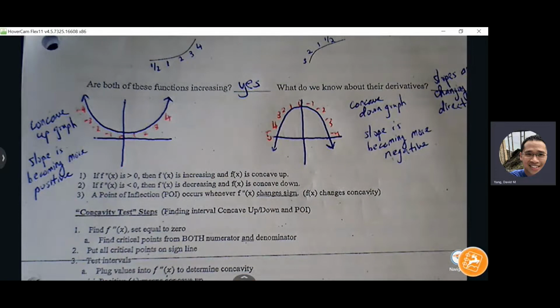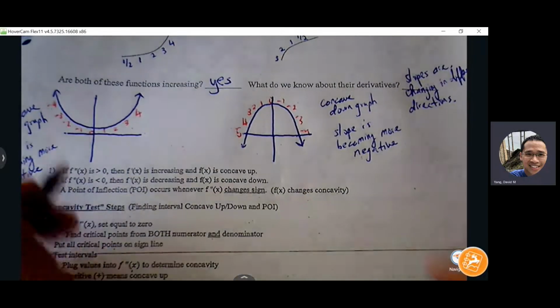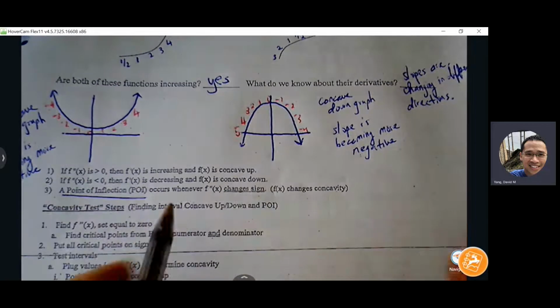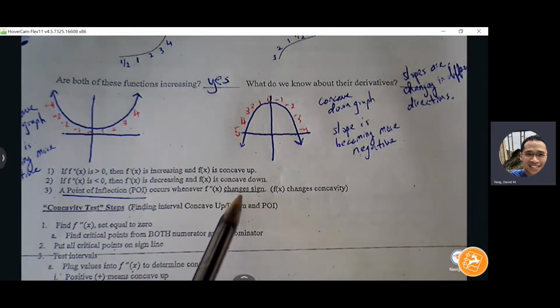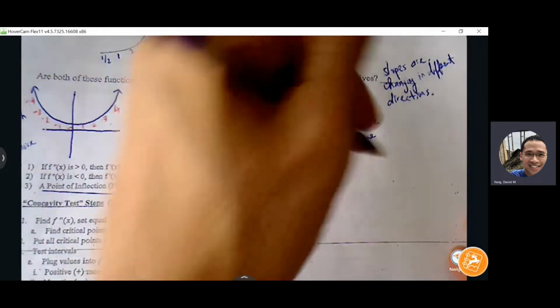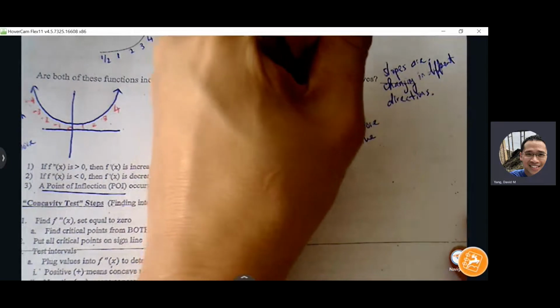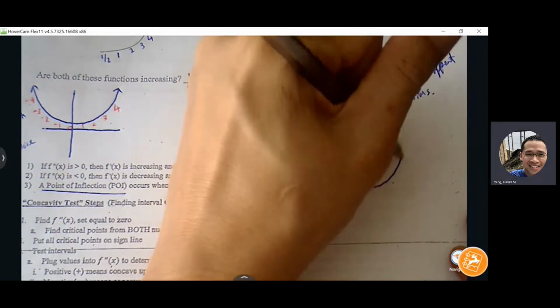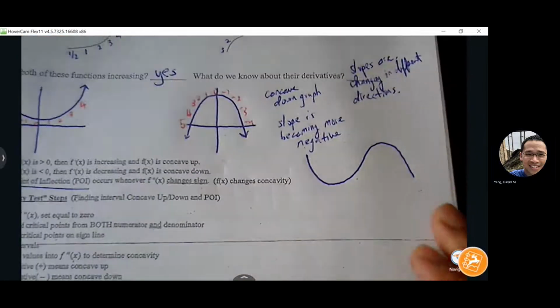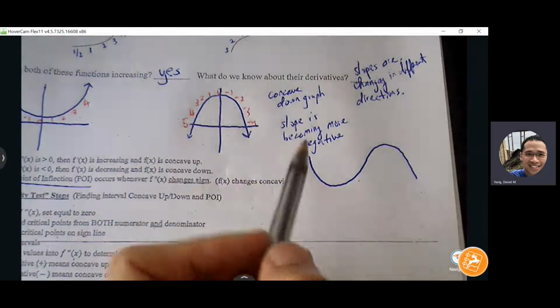And finally, there's something called a point of inflection, POI. This occurs whenever f double prime changes signs. Basically, you can think of it as a transition point from one curvature to the next. So I have a curve here.